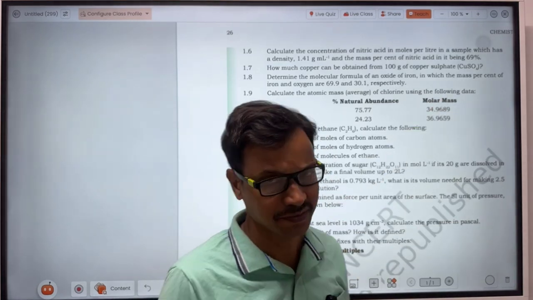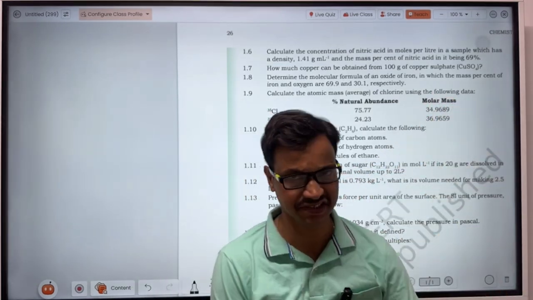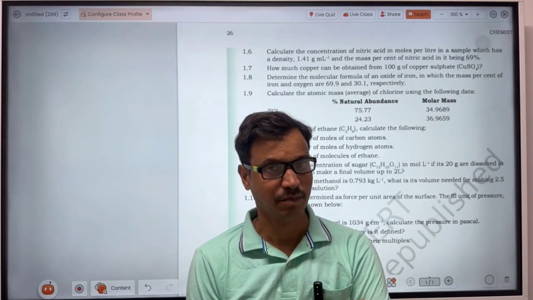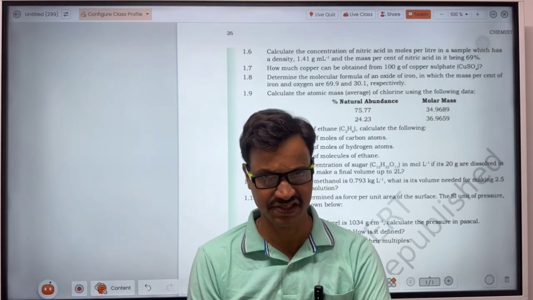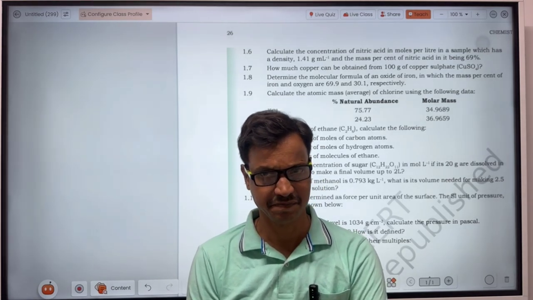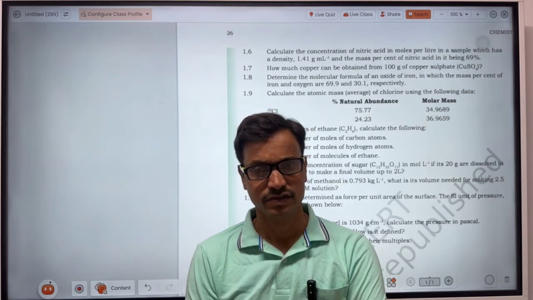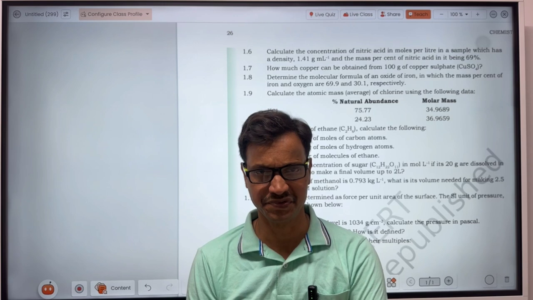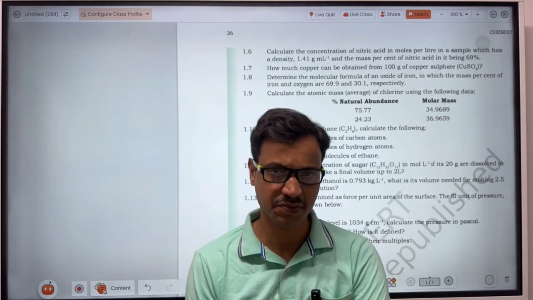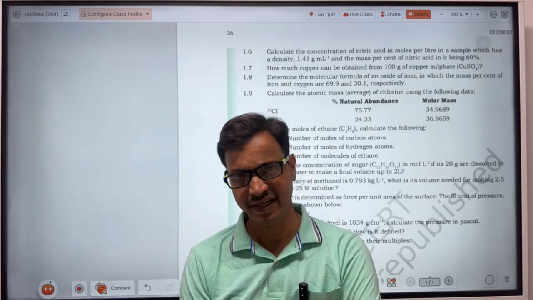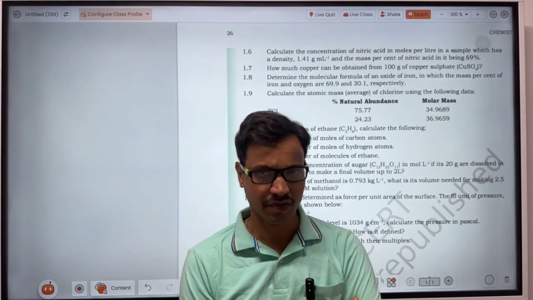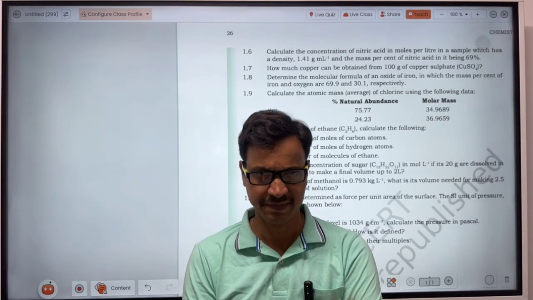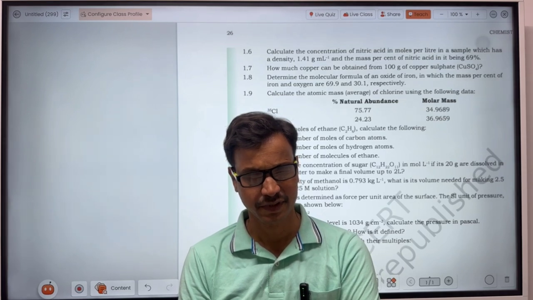Here, how much? 69. So guys, the mass percentage of nitric acid is 69%. It means if the total mass of the solution is 100 gram, then the mass of nitric acid will be 69 gram and the remaining will be water.